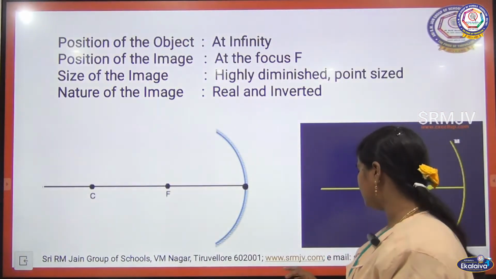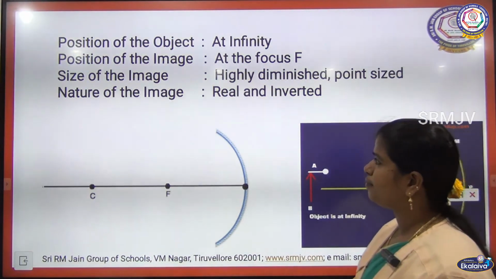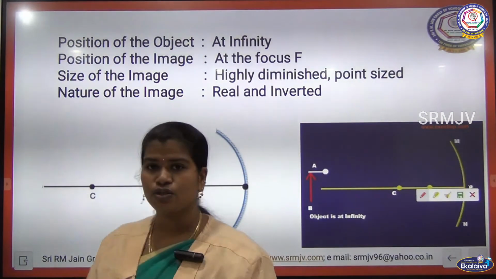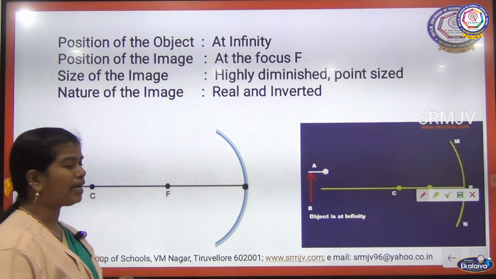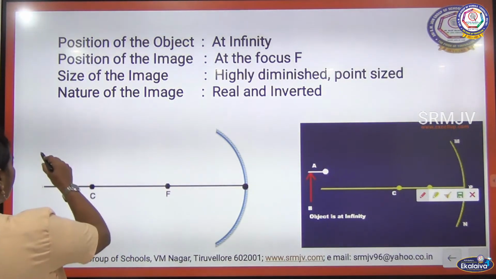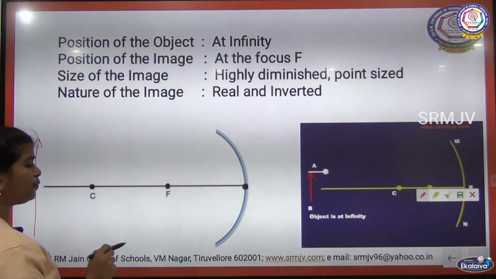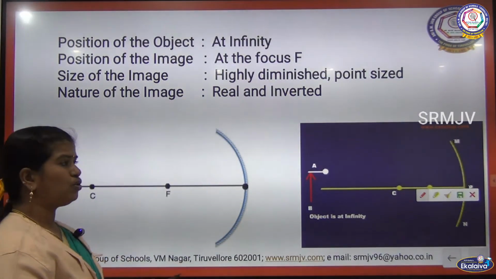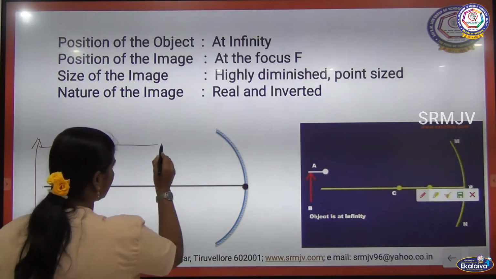Now the first position of the concave mirror: we are going to keep the object at infinity. So if the object is at infinity, obviously we are going to have parallel rays from infinity.